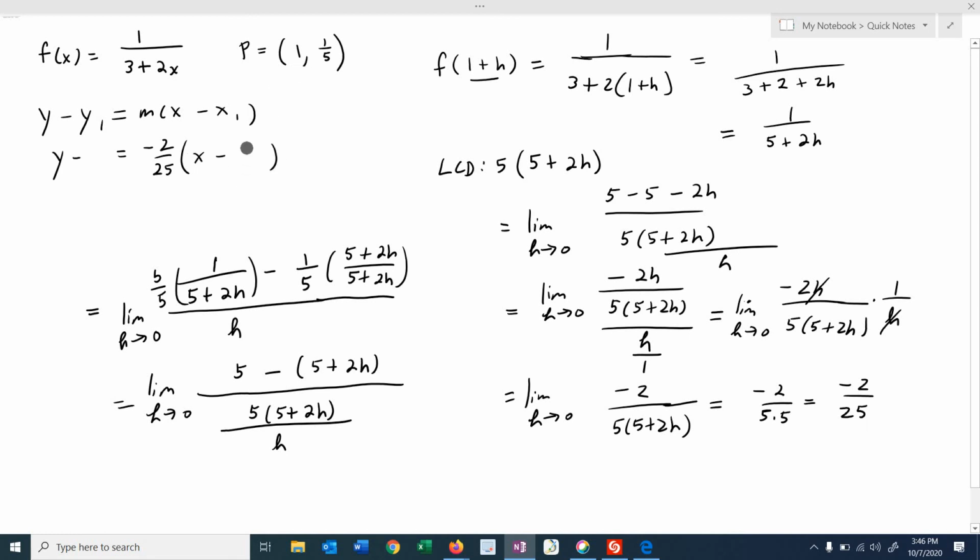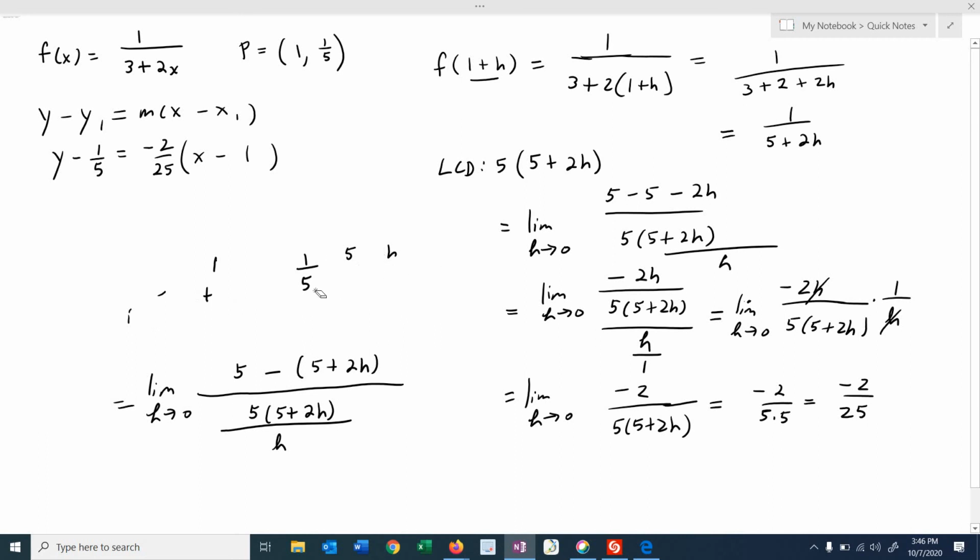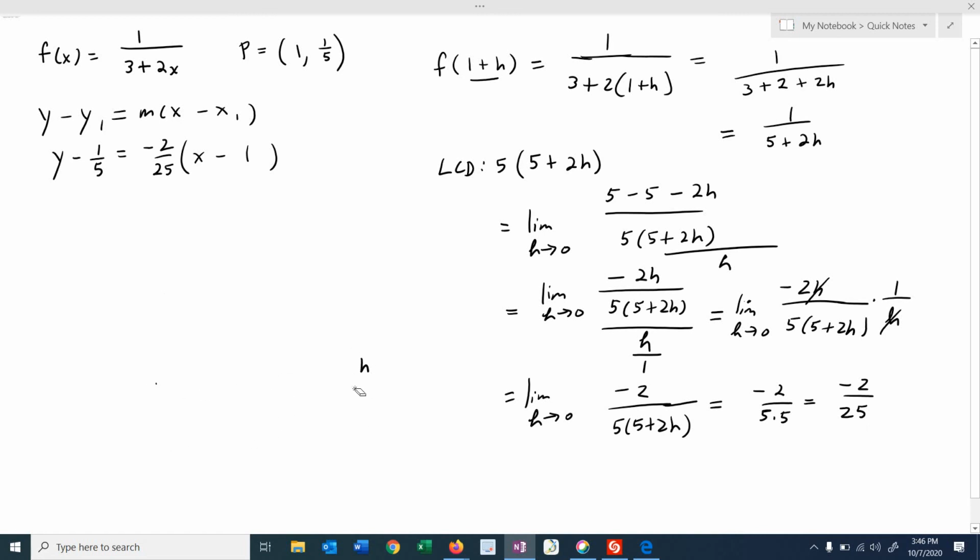And then x1 is 1, and y1 is 1/5. And then we could just maybe simplify this. Let's distribute the negative 2 over 25 to the x and to the 1.